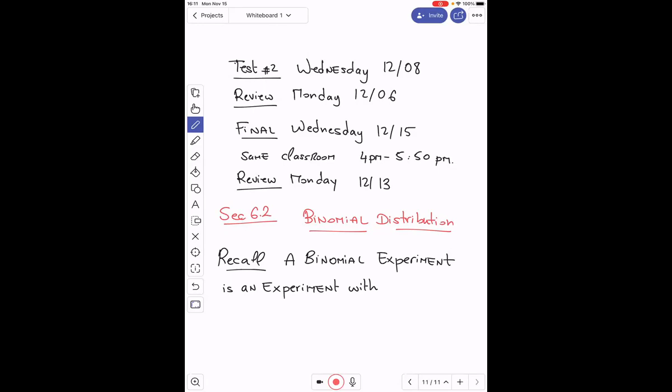Yeah, with only two outcomes of interest. The two outcomes of interest are often denoted by S, which would be a success, and F, which would be a failure.